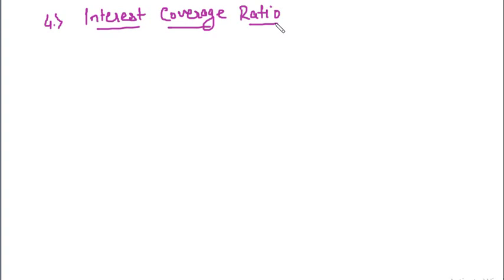From the name itself, you might not be able to understand what are the two aspects that we are going to cover in this interest coverage ratio. First of all, we will know what are the two aspects. Then we will try to establish a relationship between the two aspects which will lead to a ratio, right?